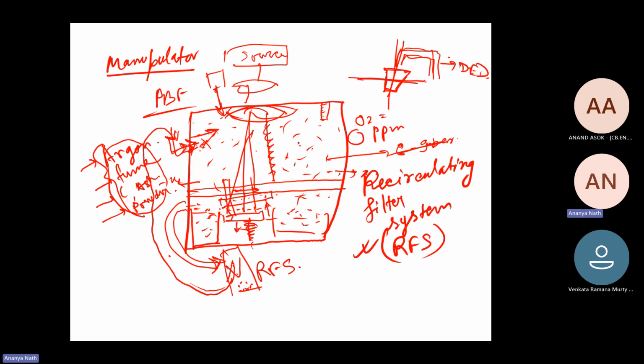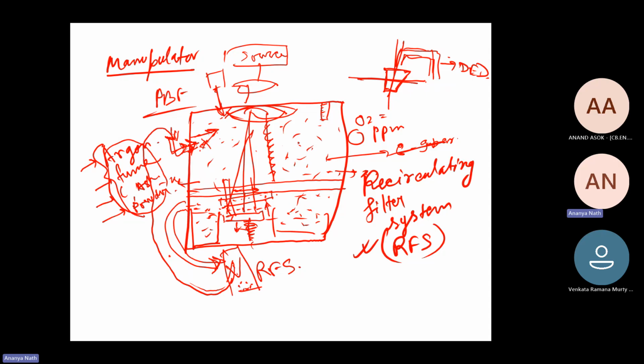We can go for less costly DED. So to make it more cost efficient and time efficient, and a better system, this RFS was designed particularly for PBF machines.